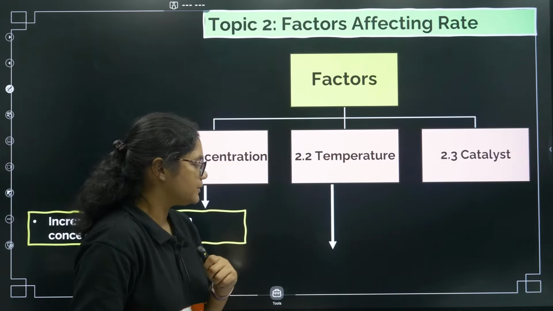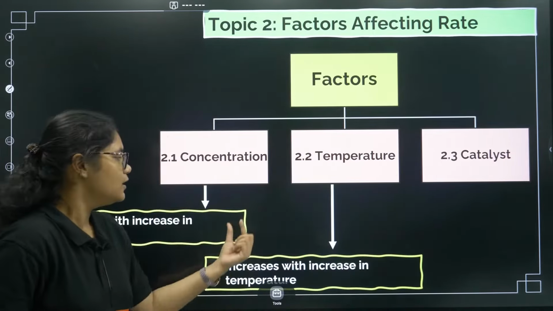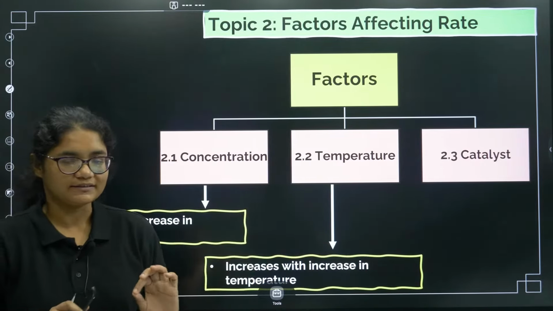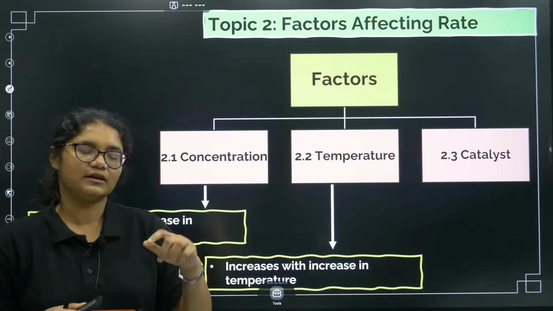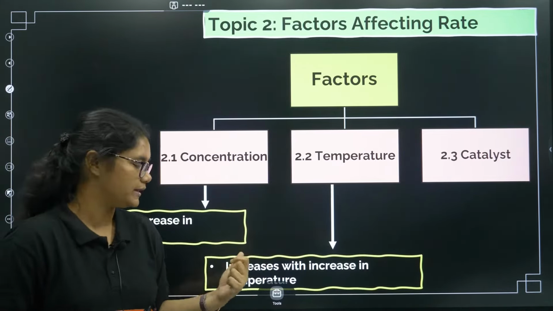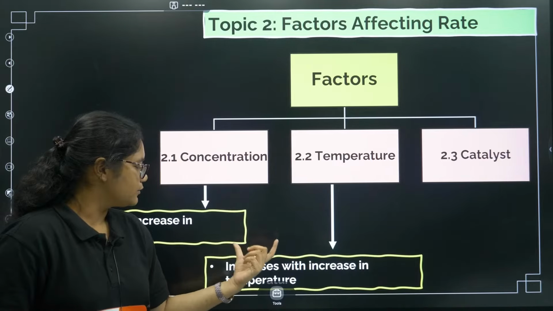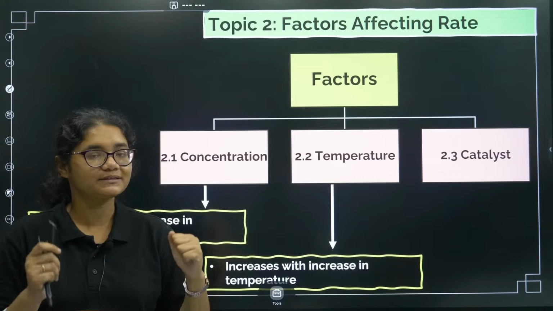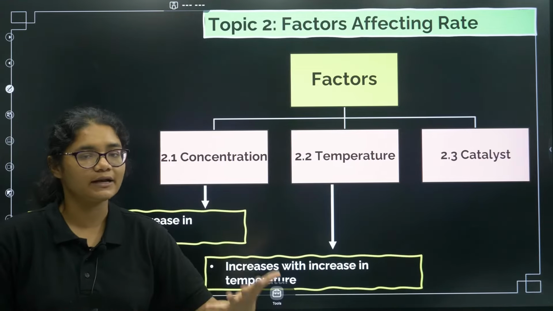Now coming to temperature, what happens? If the temperature increases, then also the rate of the reaction increases. Now what is the reason for that? For now you understand, when we explain this in detail, at that time I'll tell you in detail. But you have to remember, when we increase the temperature, more number of molecules have energy to get converted into products.